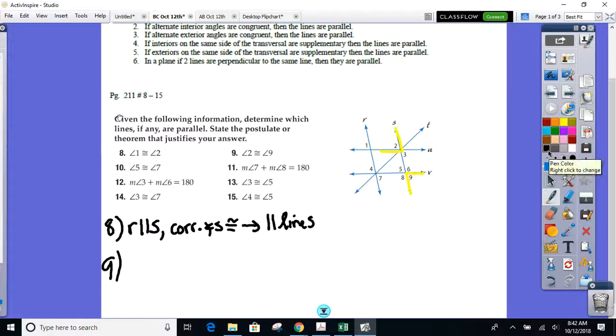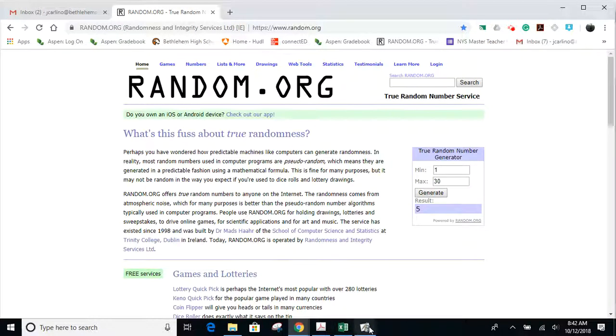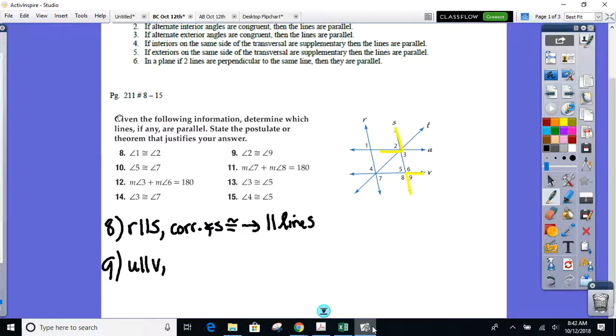Now I just need from somebody what type of angles they are. What type of angles are 2 and 9 in this case?